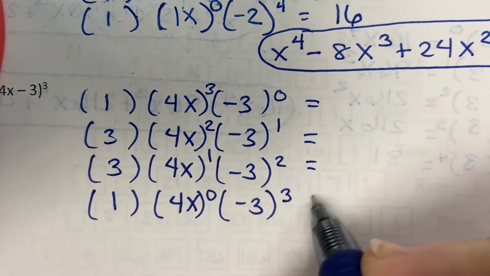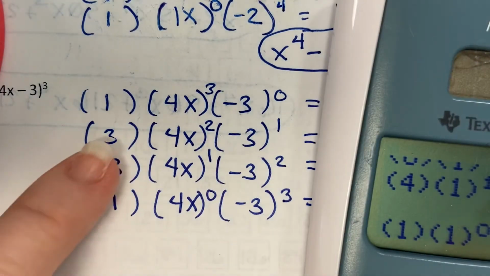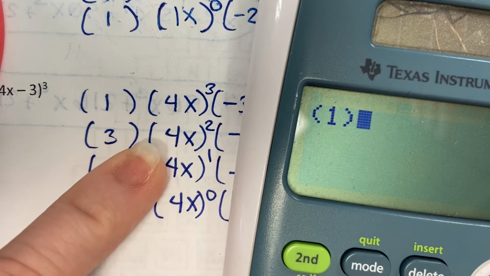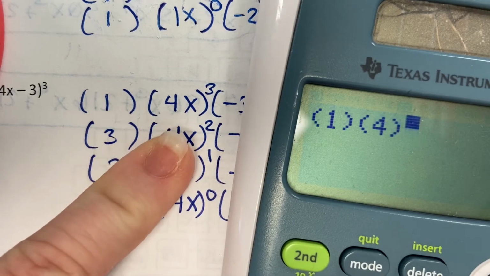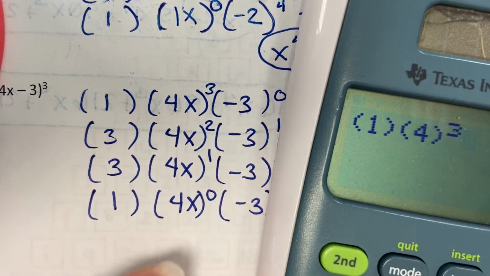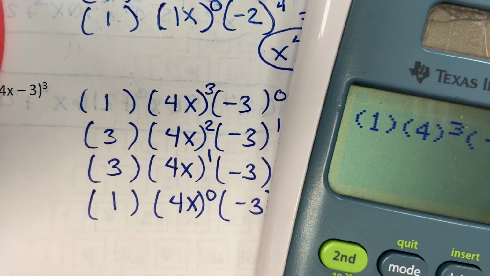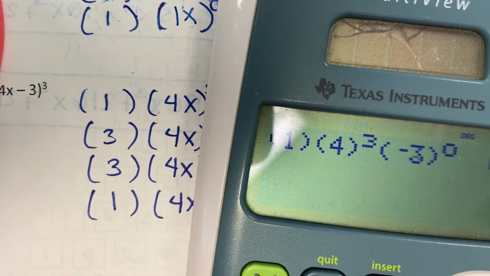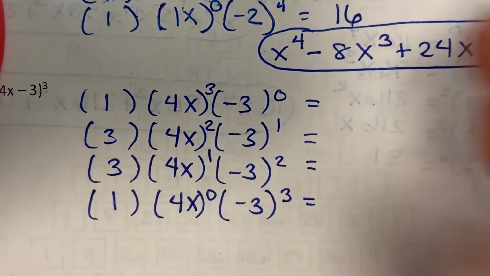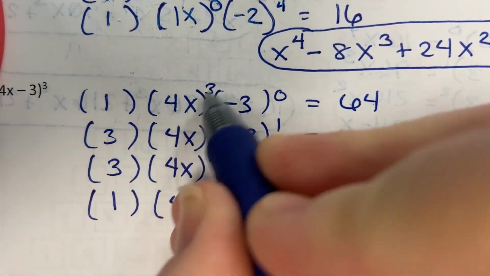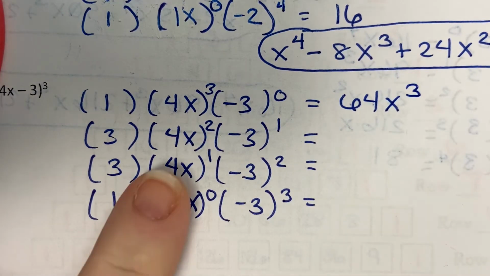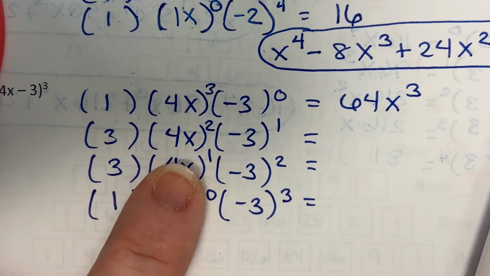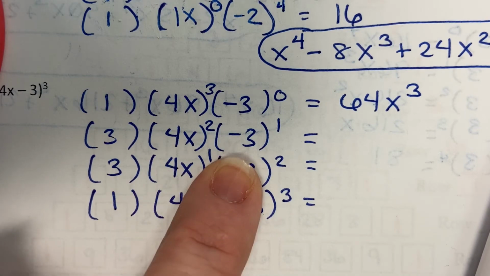So in the calculator, I'm going to have a 1, a 4 to the 3rd power, and then a -3 to the 0 power. Remember, you need to put these numbers in parentheses, okay? Otherwise, it may mess up. So I get 64 x cubed. Then I'm going to do the same one. I'm going to do this a little bit quicker so that I can get through this.